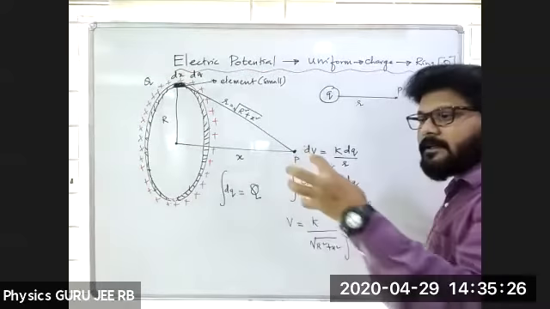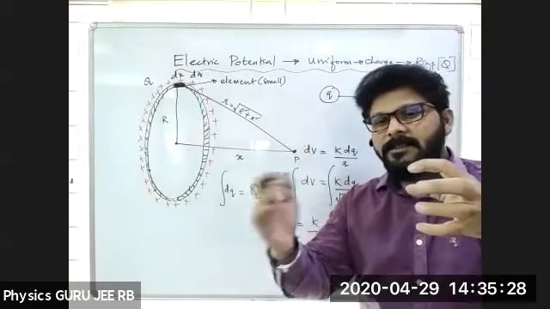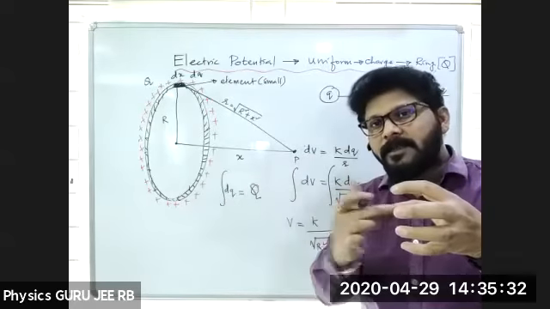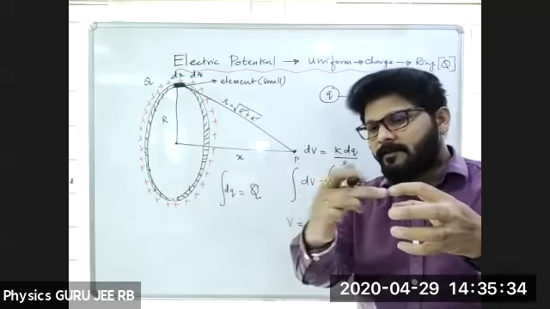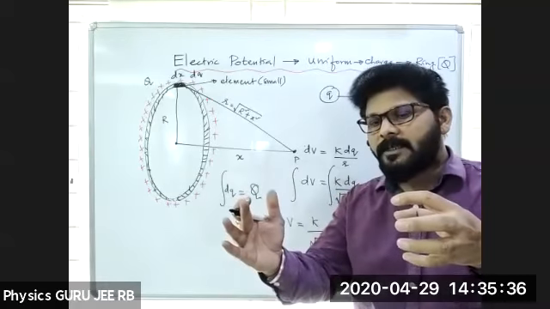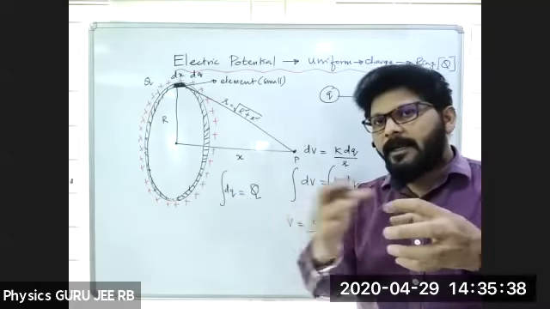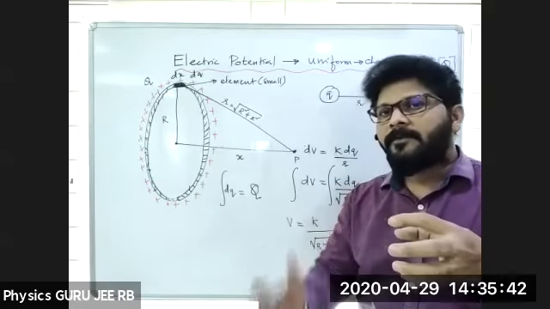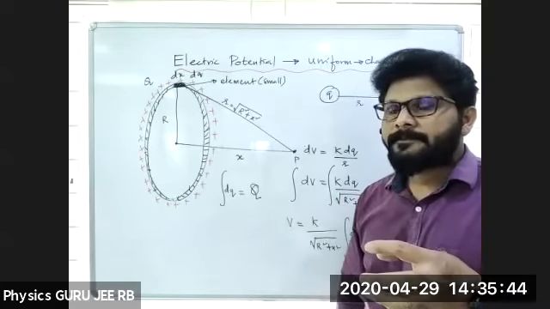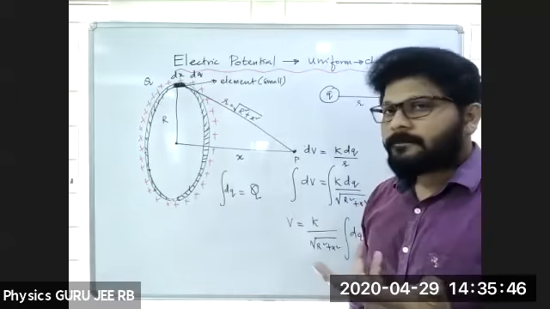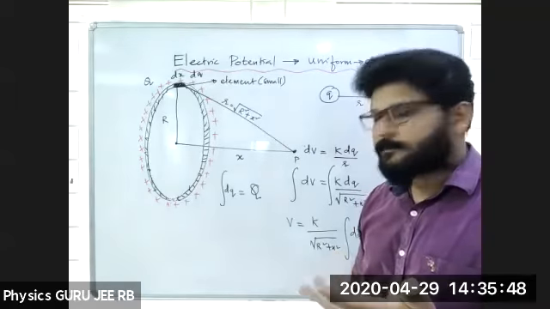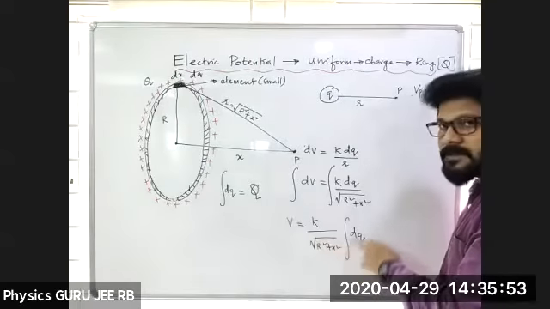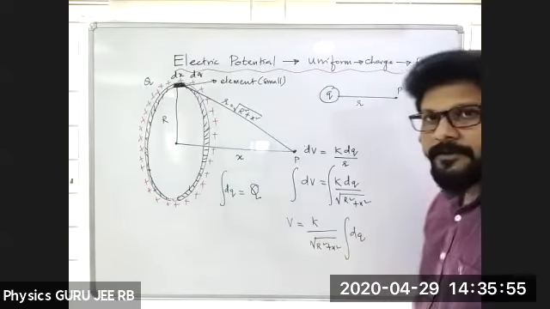If I take a ring, this is the distance from any point on the surface of the ring to the point. If you take any point, the distance is the same. So the distance will be same, k by under root of r square plus x square, integration of dq.